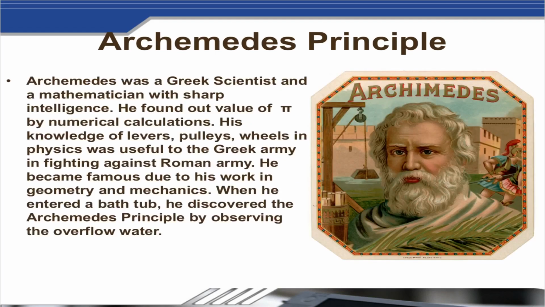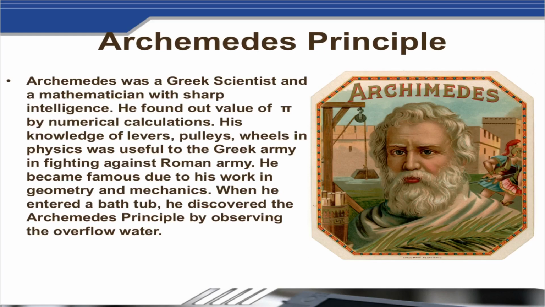Now see, this is a picture of Archimedes. He was a great scientist and a mathematician with a sharp intelligence. He found out the value of pi by numerical calculation.